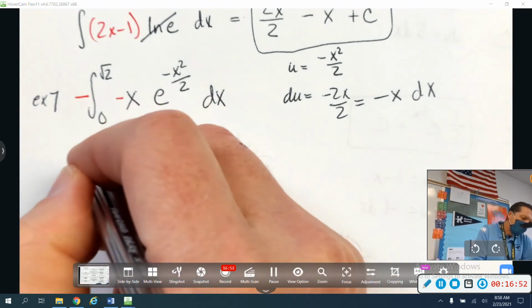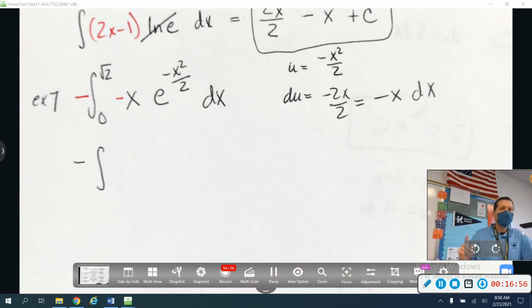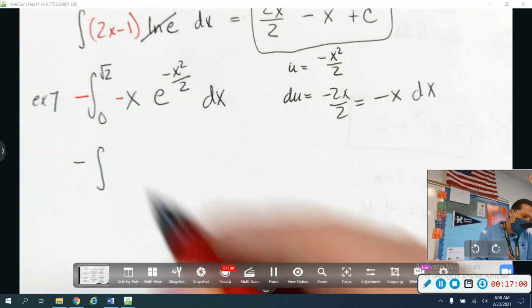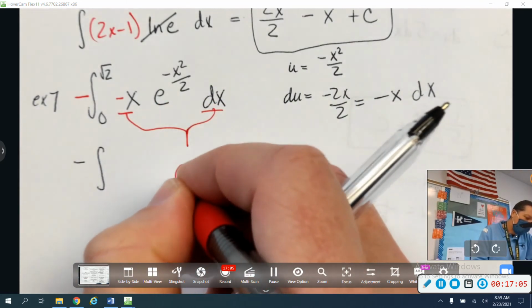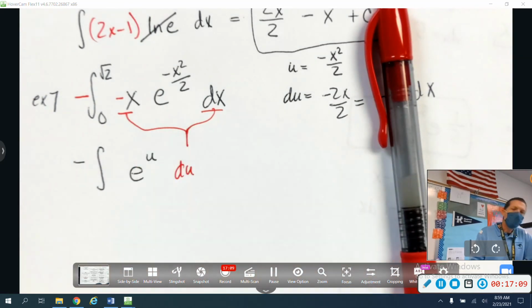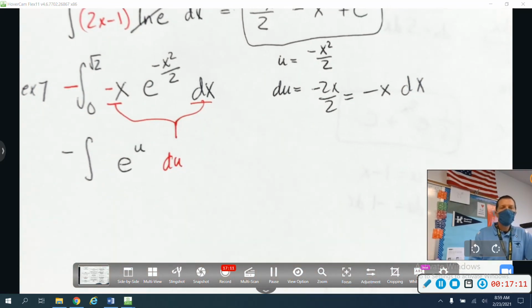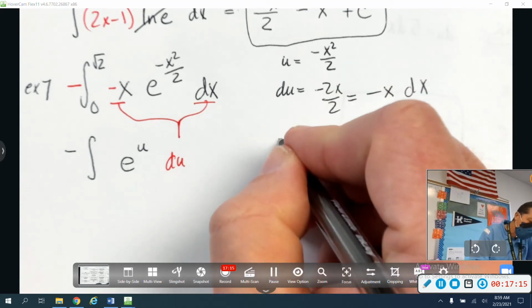So negative integral. I'm not going to write the limits because I'm in the process of switching from x stuff to u stuff. So there's du. Speaking of switching, I may as well switch them.